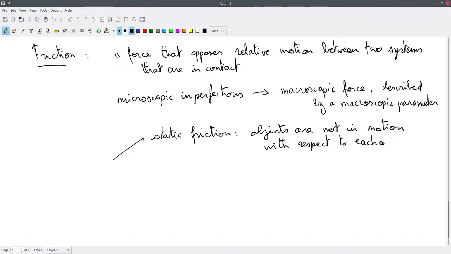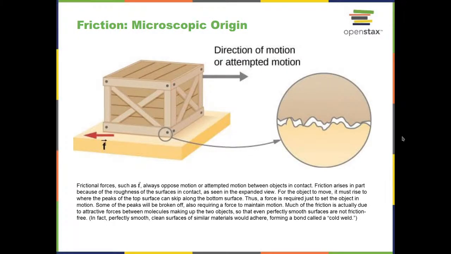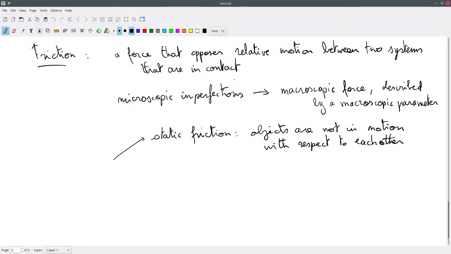So one example is when you're pushing this crate, and it's a heavy crate, and we'll see why heavy crates behave this way. A heavy crate, you keep pushing and pushing, and it doesn't want to move because there's too much friction and you can't make it move. So static friction is when that is happening.